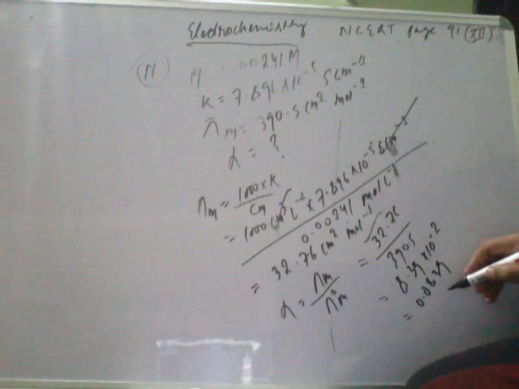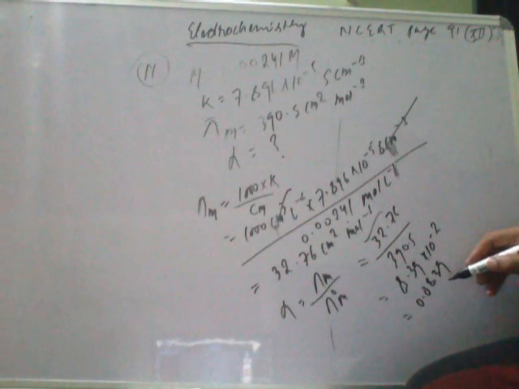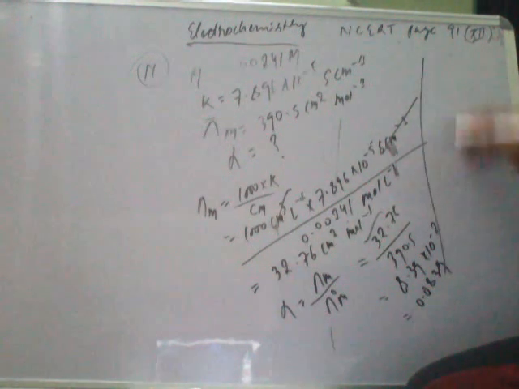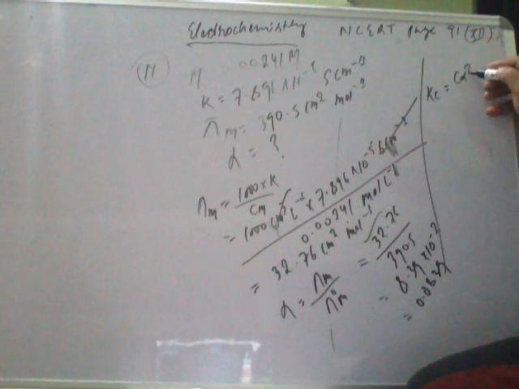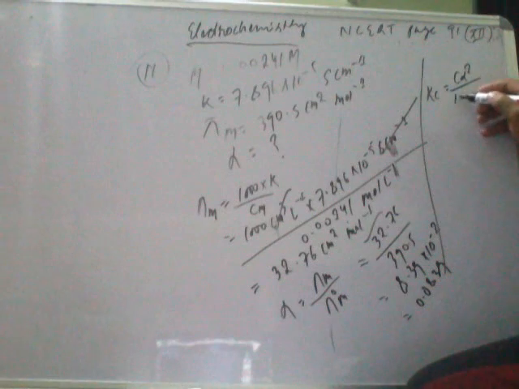This is now the degree of dissociation. The dissociation constant we have to correlate with Kc. Kc is equal to C alpha square upon 1 minus alpha.